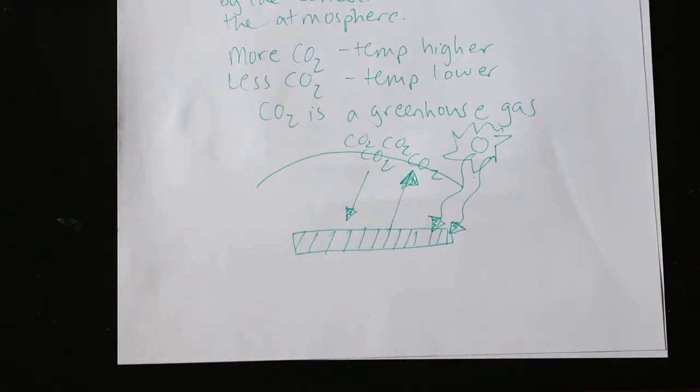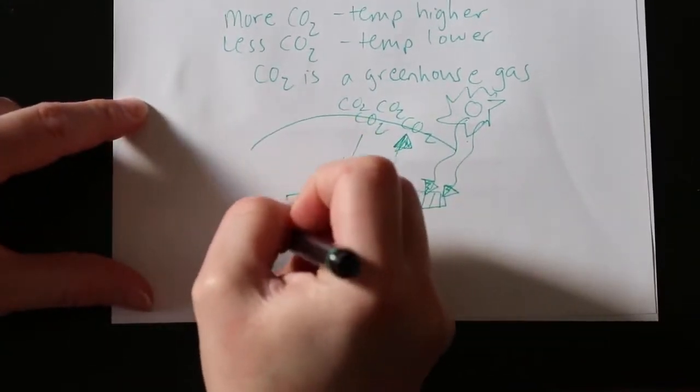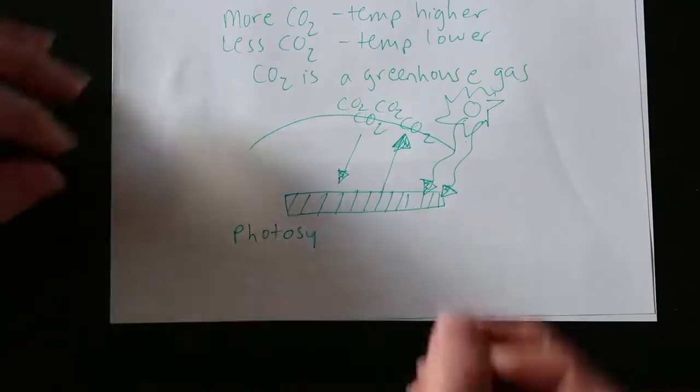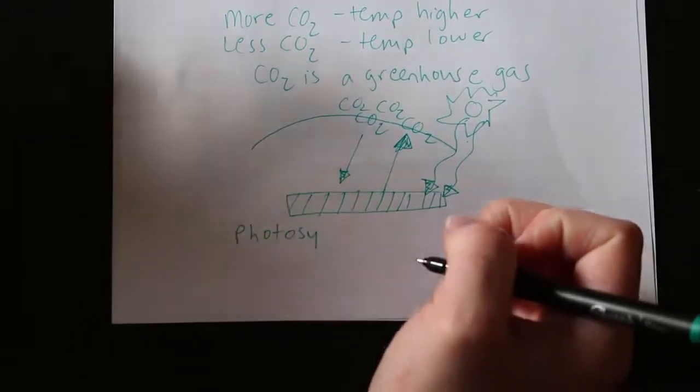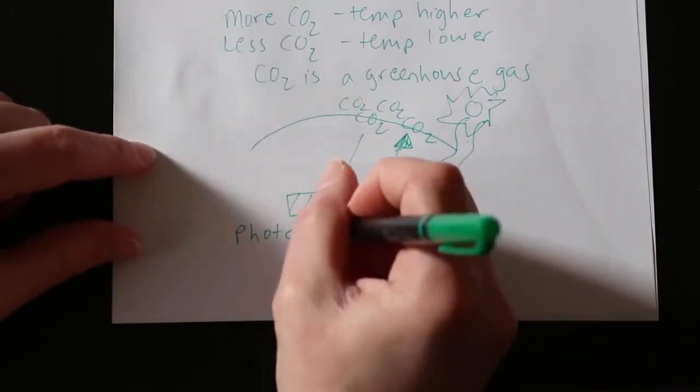And once the level of oxygen in our atmosphere rose to a particular point, aerobic life forms were able to evolve. That's how life came about as we know it. It was these photosynthetic organisms known as cyanobacteria that led to the oxygenation of the atmosphere, because they were doing photosynthesis.